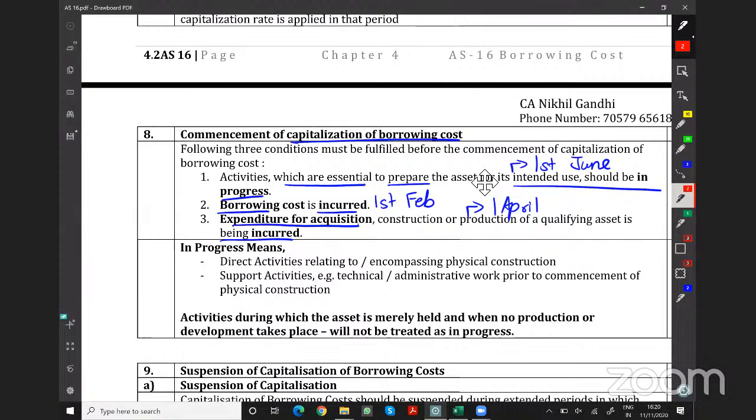On 1st of June, I've incurred my expenditure, yes. I've incurred my borrowing cost, yes. And the manpower is working on the asset for its present condition and intended use, yes. If all 3 conditions are satisfied on 1st of June, then 1st of June should be your effective date for capitalization.